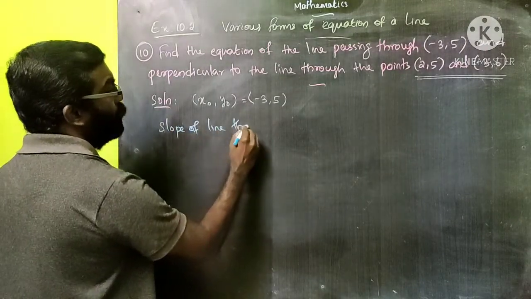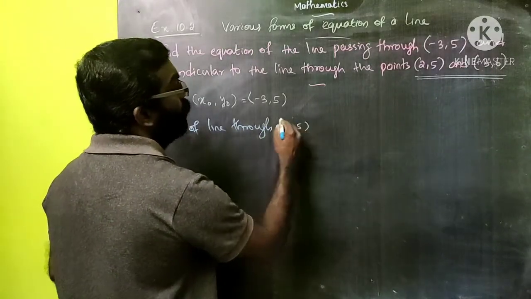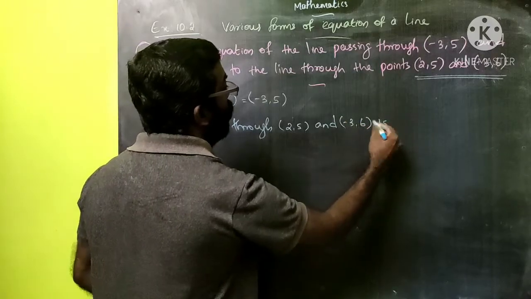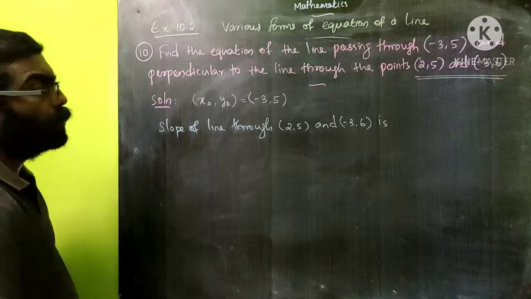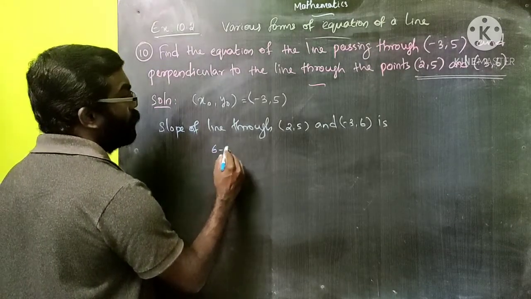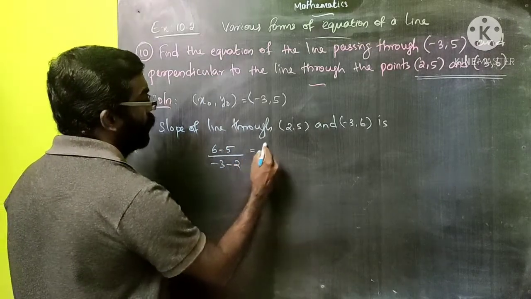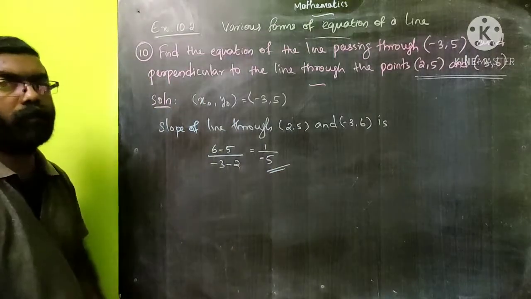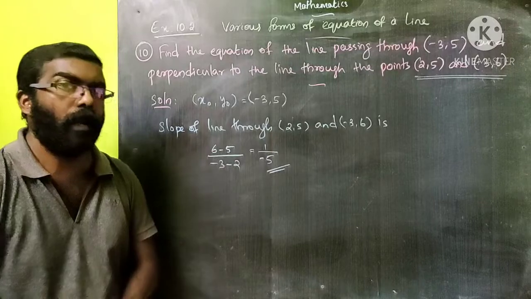Okay. The slope of the line through 2, 5 and minus 3, 6 is, we know the formula, y2 minus y1 by x2 minus x1. So here 6 minus 5 divided by minus 3 minus 2. So 1 by minus 5 is the slope of the line. It is given that this line is perpendicular to the required line.